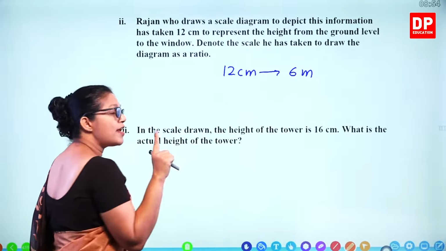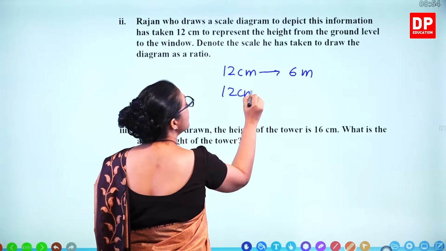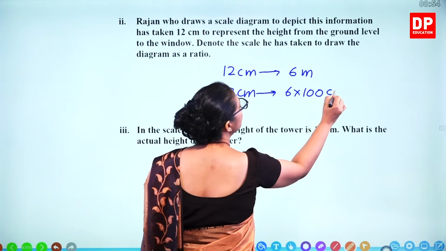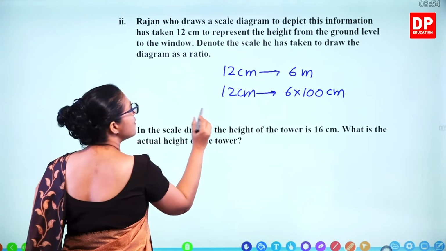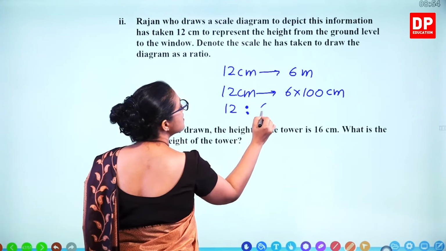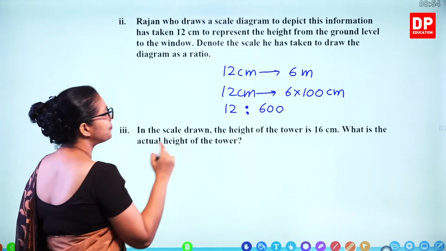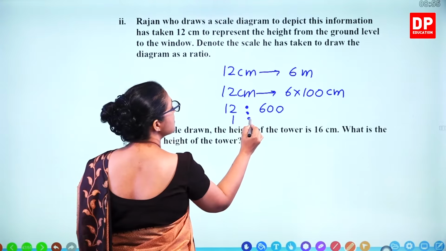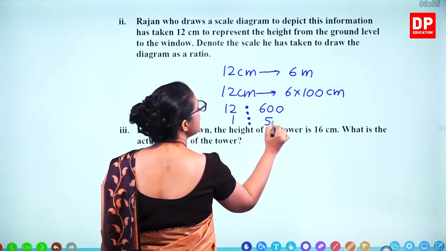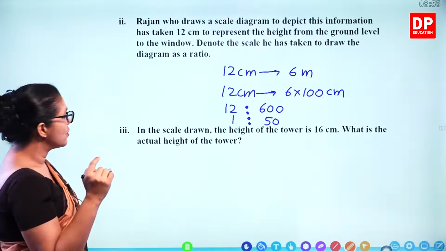To find out the ratio, you have to convert to the same units. Convert to centimeters, that's multiplied by 100. Now you can write 12 means 600. Now simplify, divide by 12. 1 means 12 times 5, 60. So 50. 1 to 50 is the scale used.